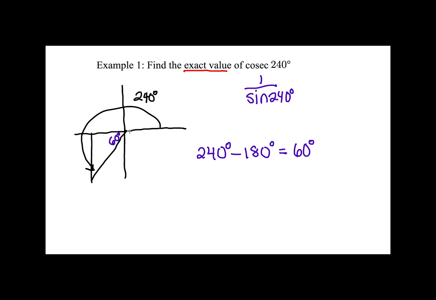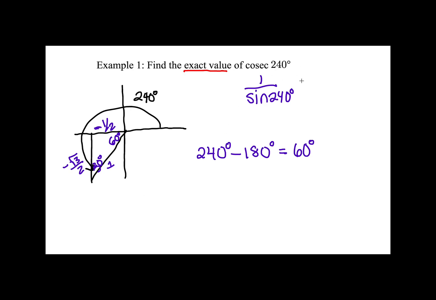Now in the third quadrant, my adjacent side and my opposite side have to be negative. If this is 60, it's a 30, 60, 90 right triangle. The side opposite the 30 degrees is 1/2, negative 1/2. The side opposite 60 degrees, negative root 3 over 2. And the hypotenuse is always 1. That's why it's called the unit circle.